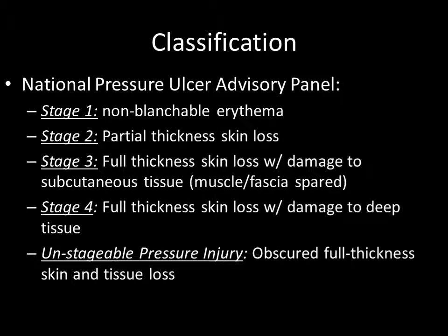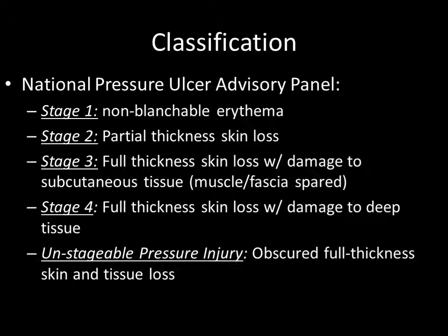The National Pressure Ulcer Advisory Panel has staged pressure ulcers into 5 different stages depending on the increase in severity. Stage 1 is non-blanchable erythema. Stage 2 is partial thickness skin loss. Stage 3 is full thickness skin loss with damage to the subcutaneous tissue, in which muscle and fascia are not affected, they are spared.